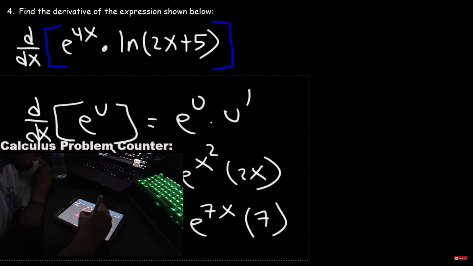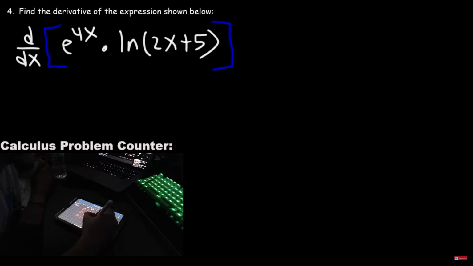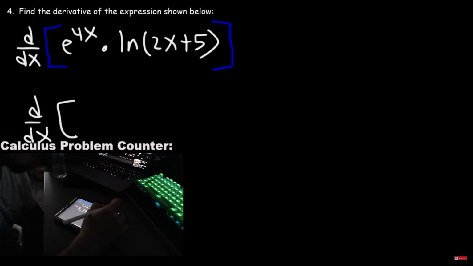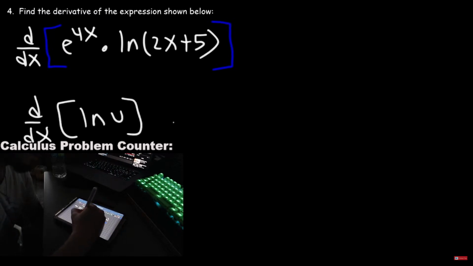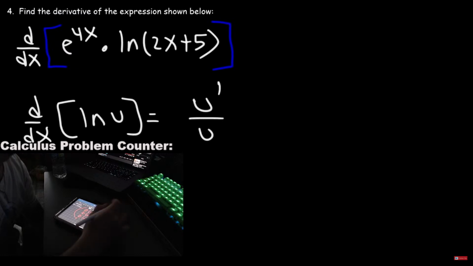Now let's talk about how to differentiate logarithmic functions, specifically natural log functions. The derivative of ln u with respect to x is going to be u prime divided by u.